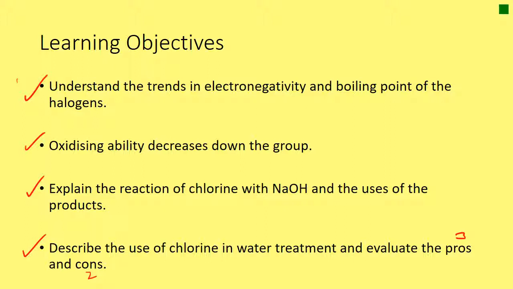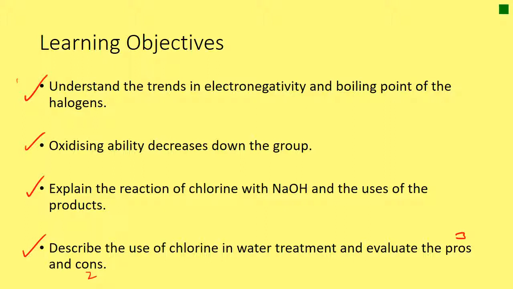And that completes our video lesson, apart from just making sure we've done our learning objectives. The first of which was we wanted to understand the trends in electronegativity and boiling point of the halogens, and we certainly did that. And we wanted to know that the oxidizing ability decreases down the group. Oxidizing ability is the same trend as electronegativity.